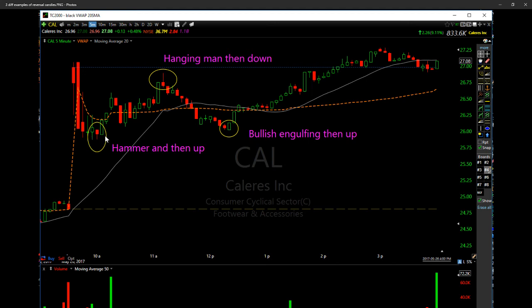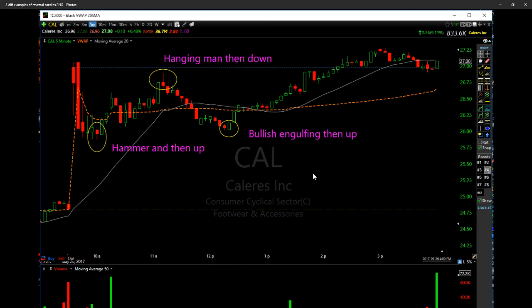If you didn't catch the bottom entry and you got in on, let's say, a VWAP push and then bounce, and then reclaim, so you got in at about 26.40 or so, and then it went up to almost 27. You had about 60 cents. So you'd want to get out on that. That's a nice little profit, or at least take half or so, and then you could see what happens. But I would pull out there.